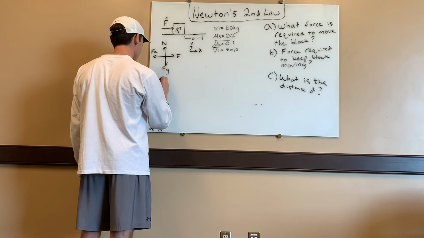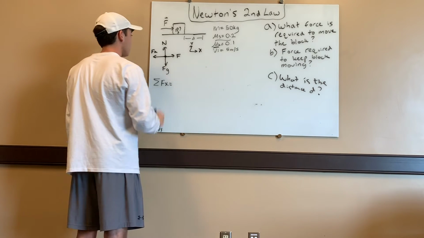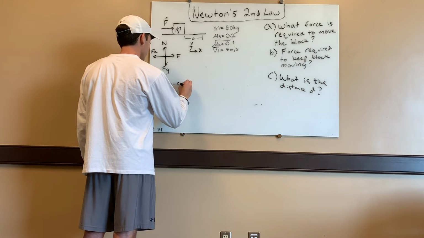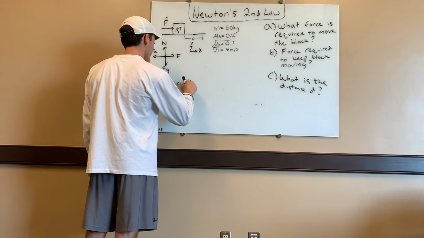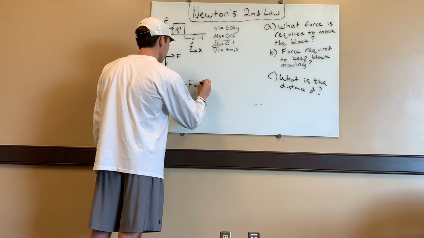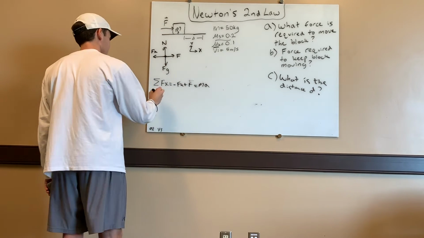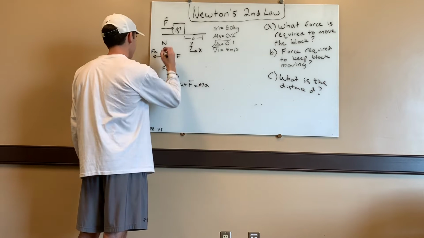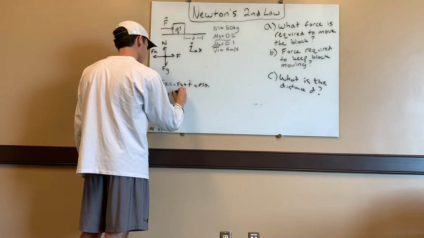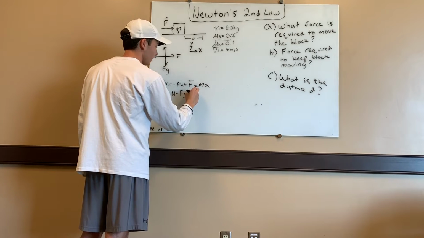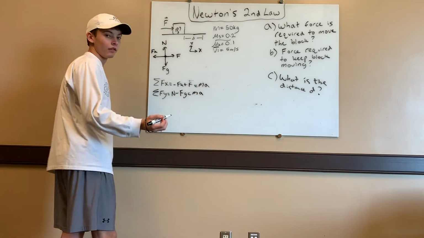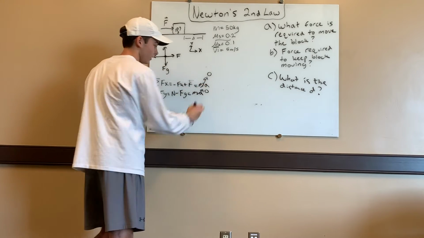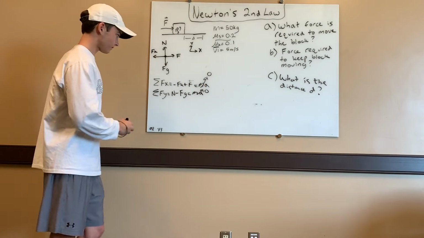So let's do our sum of forces. In the x, we have the negative kinetic friction force plus the force applied equals ma. These go to 0 because we're dealing with constant velocities.